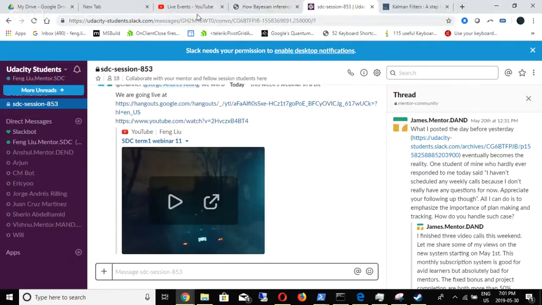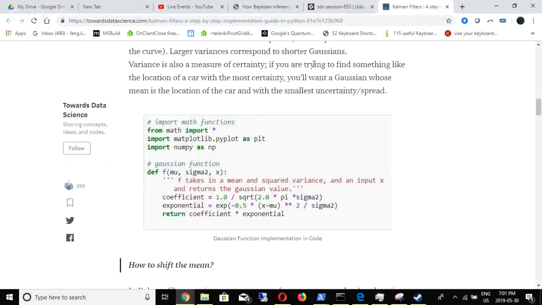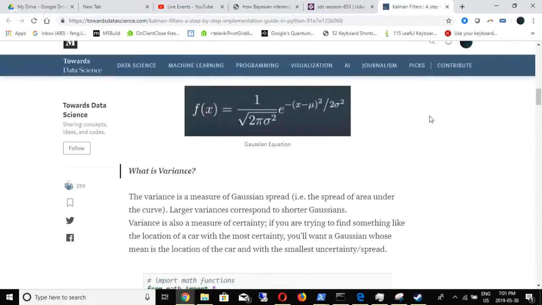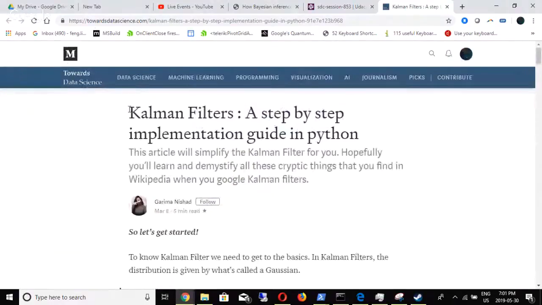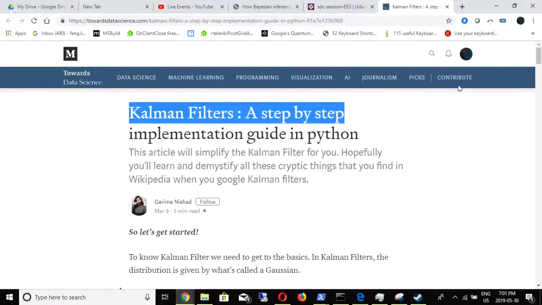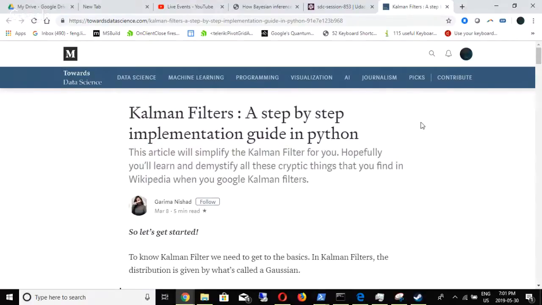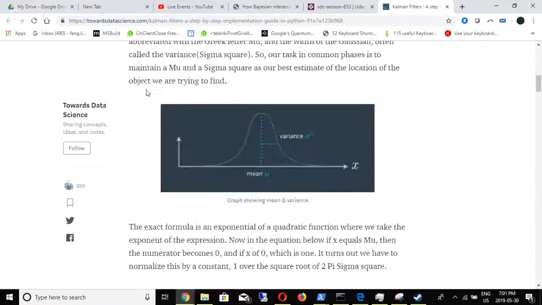So today, I'll just briefly discuss sensors and why you might need them, and then we go over this article by Nashade. I found that these articles are pretty simple to follow and they're pretty helpful.